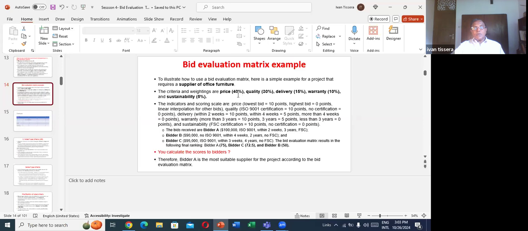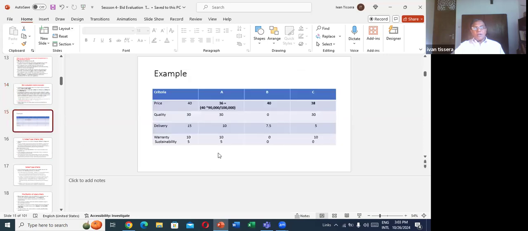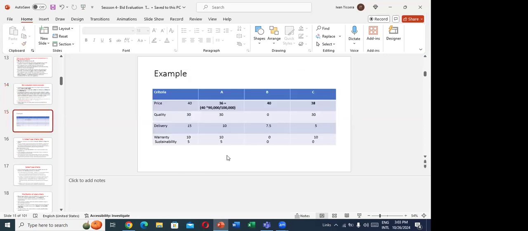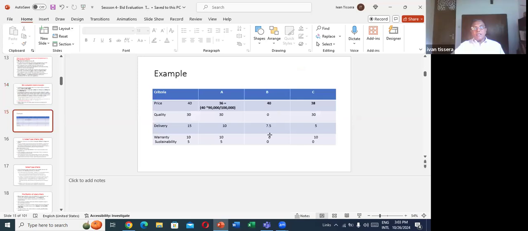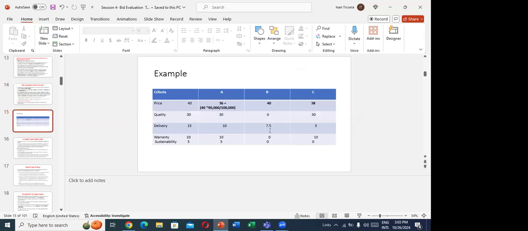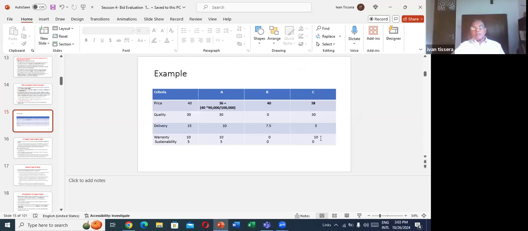What is the score 40 නේ price එකට? 30 quality, 15, 10, 5. Right. Okay. අපි බලමු මේක ප්‍රශ්නයක් නැහැ. So highest marks 91 කියමු. So he is the highest man.